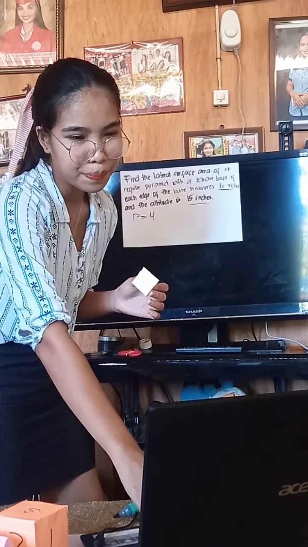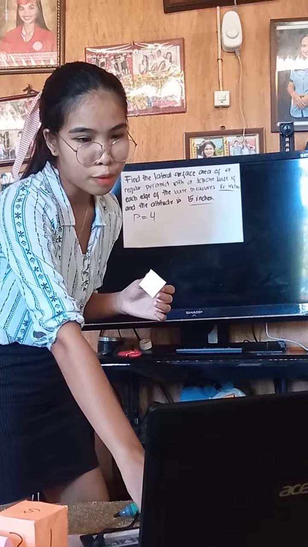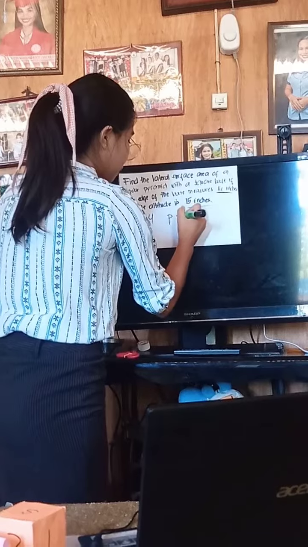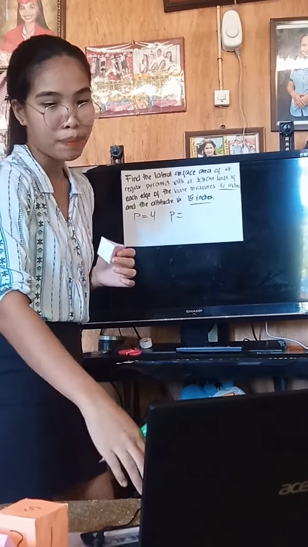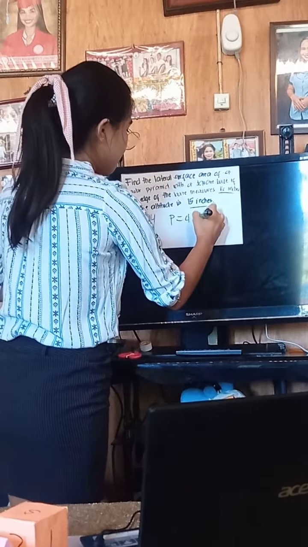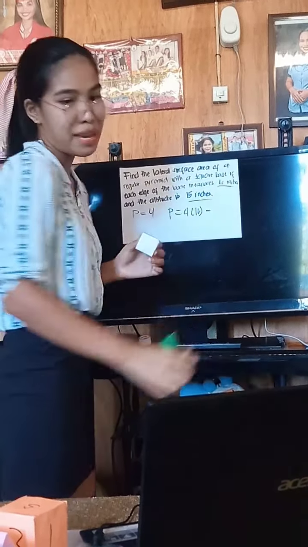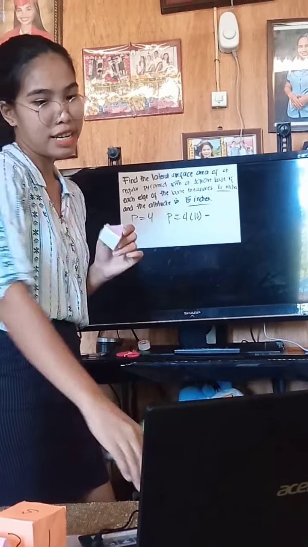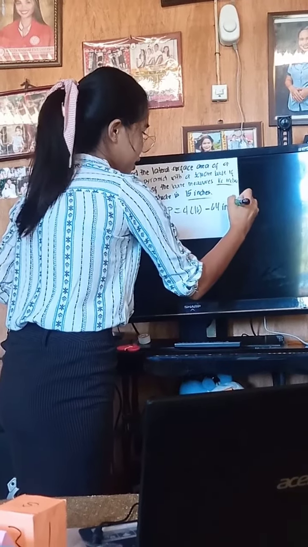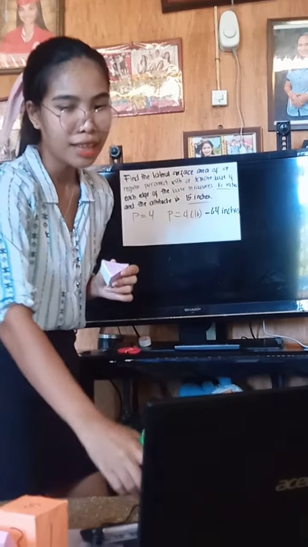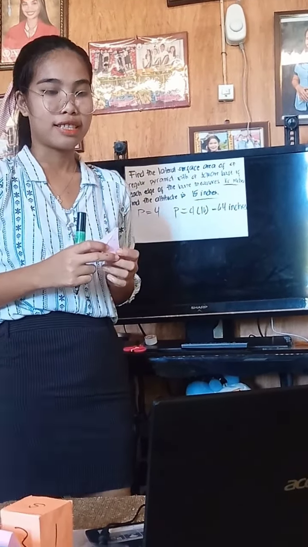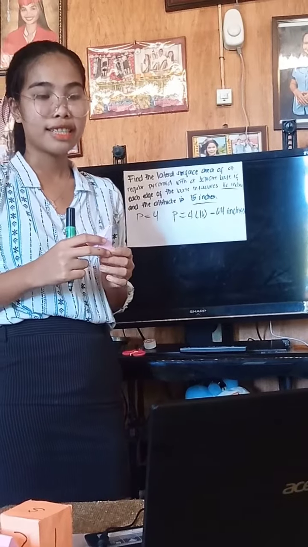To find the perimeter, we multiply 4 times 16, 4 times the base side, and the answer would be 64 inches. And then the area of the base is S squared, the side squared.